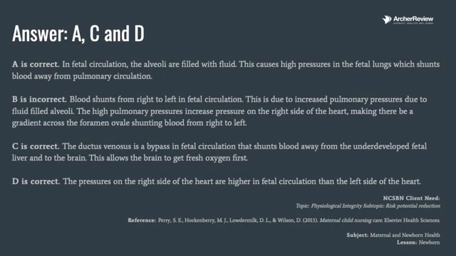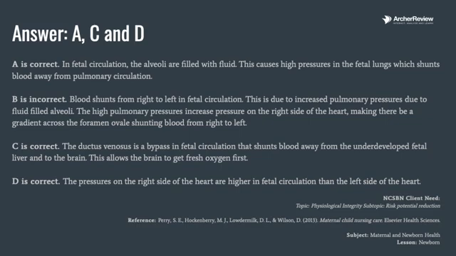Correct answer, A, C, and D. A was correct because in fetal circulation, the alveoli are filled with fluid, causing high pressures in the fetal lungs, shunting blood away from pulmonary circulation. B was incorrect. Blood shunts from right to left in fetal circulation due to the high pulmonary pressures because of the fluid-filled alveoli.